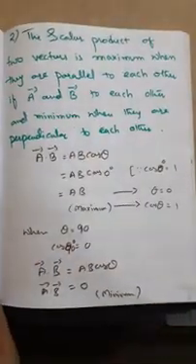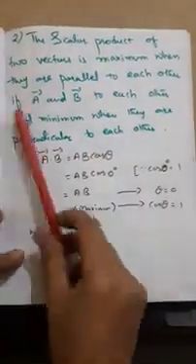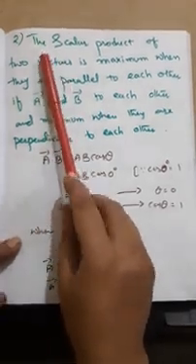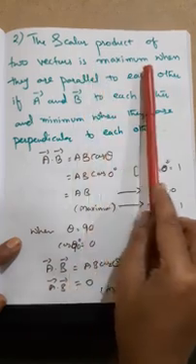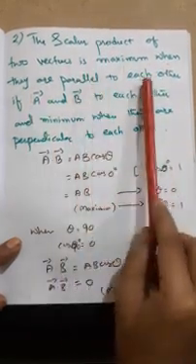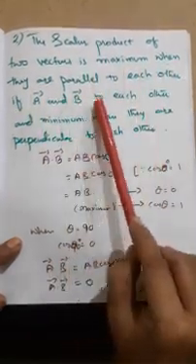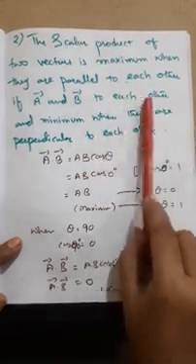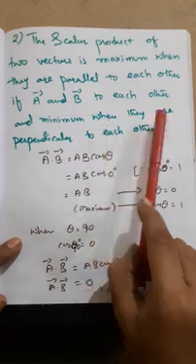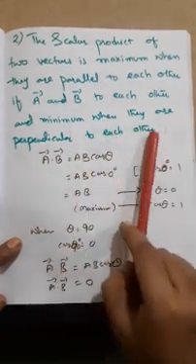The second property of the dot product is: the scalar product or dot product of two vectors is maximum when they are parallel to each other, if A and B are parallel to each other, and minimum when they are perpendicular to each other.